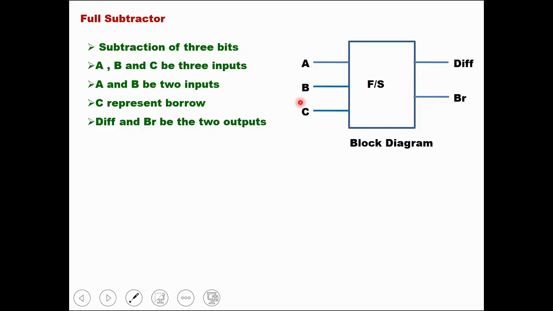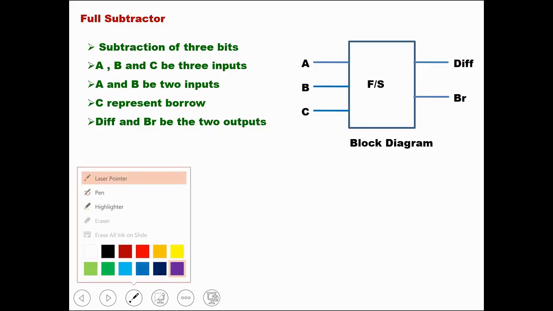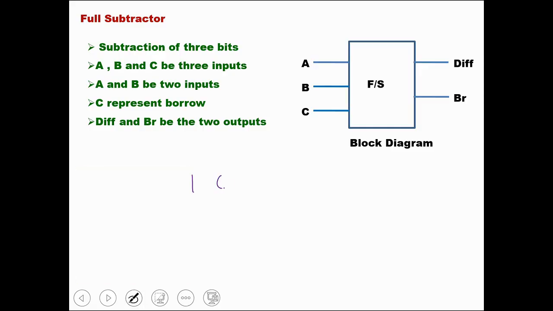So for example, we cannot subtract 1 from 0. So we have to get a borrow here. So 10 minus 1 is 1.